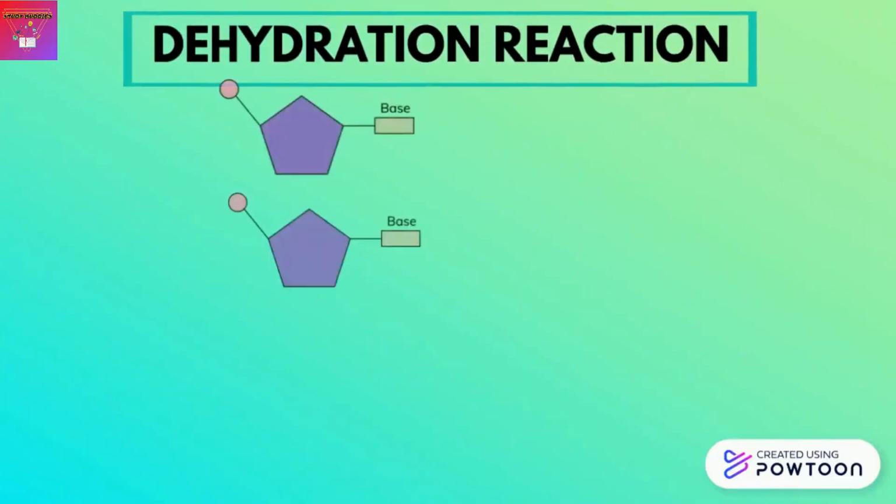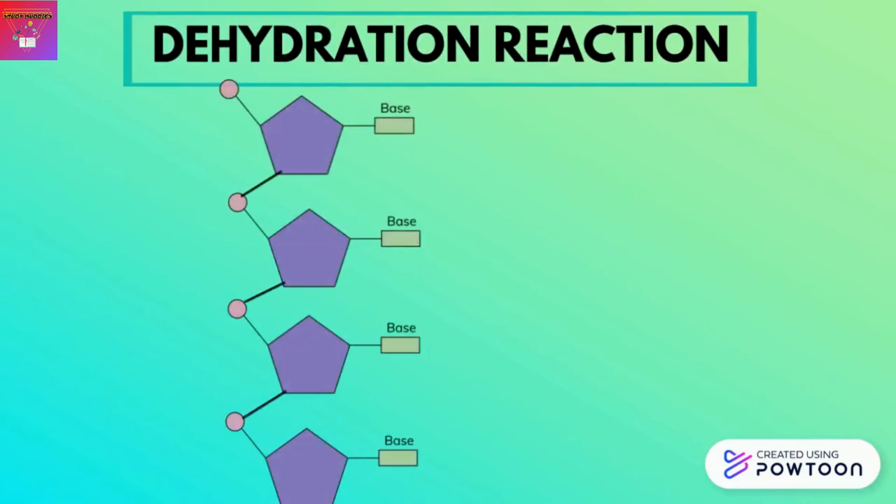Now that we know more about DNA and RNA, let's look at how these two are made in the dehydration reaction. As mentioned earlier, nucleic acids are biopolymers consisting of monomers called nucleotides. When these nucleotides arrange themselves as shown in the picture, bonds start to form between the third carbon on the first nucleotide and the phosphate group on the fifth carbon on another nucleotide.